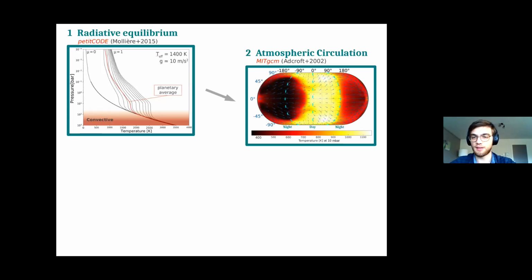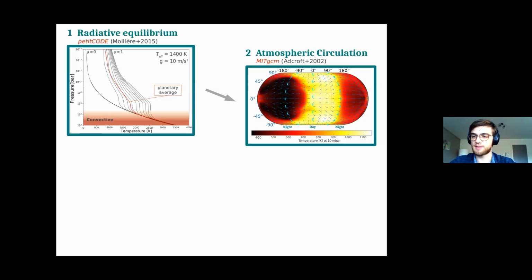So this is a 3D GCM, a general circulation model, or a climate code, basically. It's a hydrodynamics code to simulate the atmosphere. And the code is allowed to evolve towards this equilibrium state on a certain time scale. And then it reaches a certain steady state. And then this gives us 3D information about what the temperatures and the wind speeds should look like.